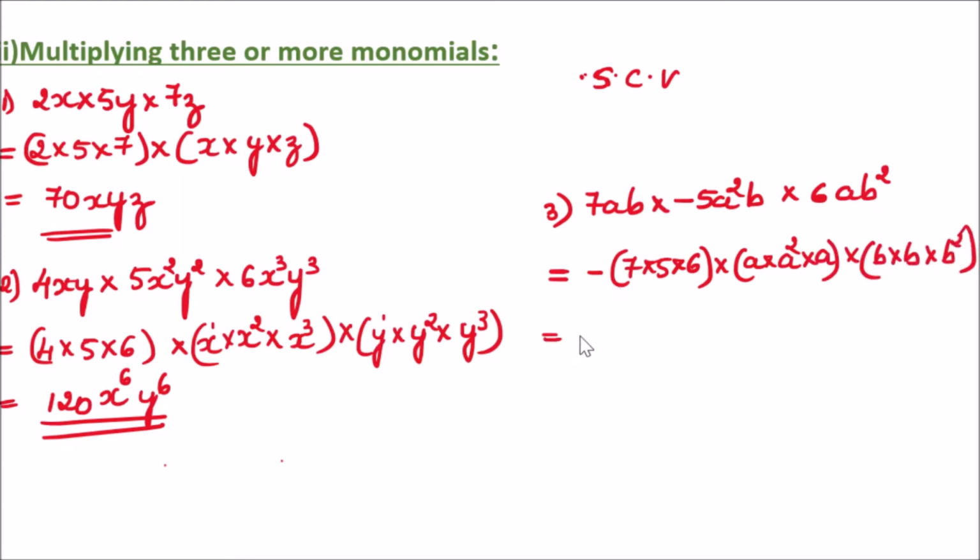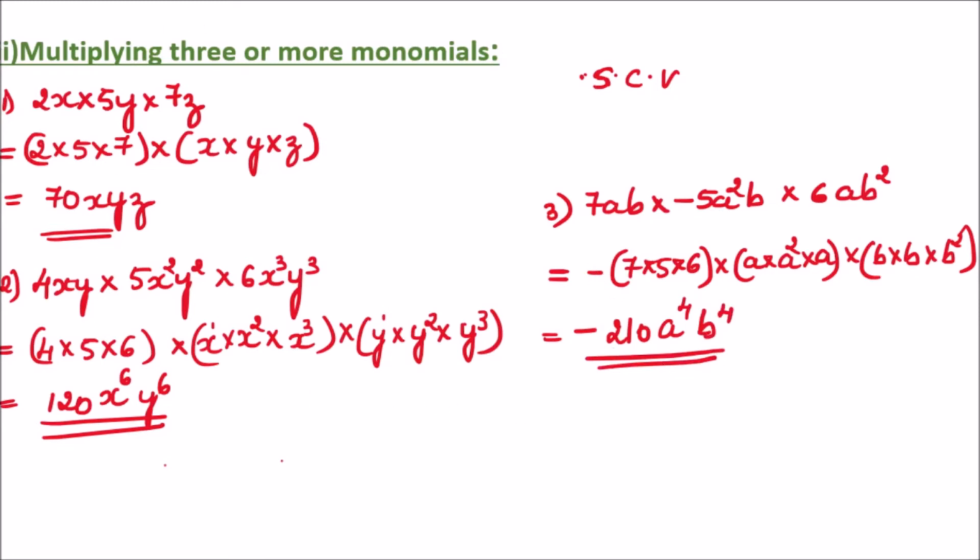It will be minus of, it is not inside the bracket, don't take the minus sign for every bracket here, keep it outside, okay. 6 5s are 30, 3 7s are 210. Then a into a square into a. So here it is nothing but 1, 1. 1 plus 2, 3, 3 plus 1, 4. a raised to 4. Then here b, 1, 1. So it is b raised to 4 again. So it is minus 210 a raised to 4 b raised to 4.